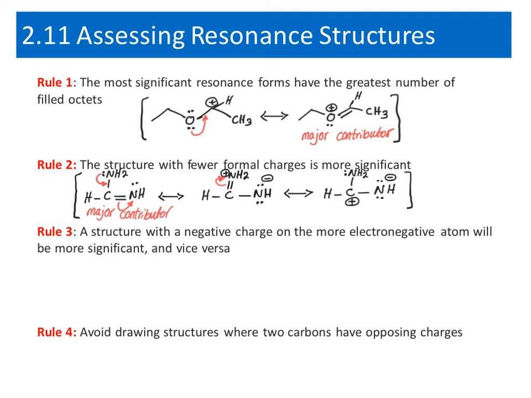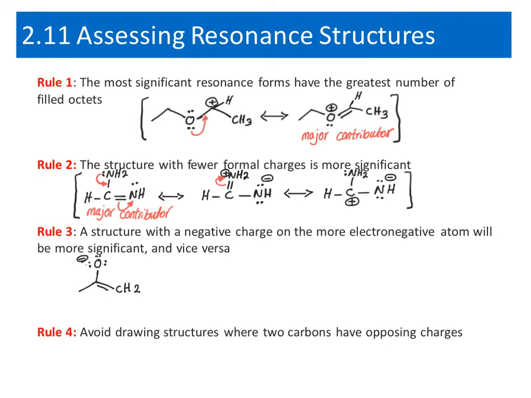The third rule says that a structure with a negative charge on the more electronegative atom is always more significant. So what does that mean? Okay, let's draw its resonance structure.